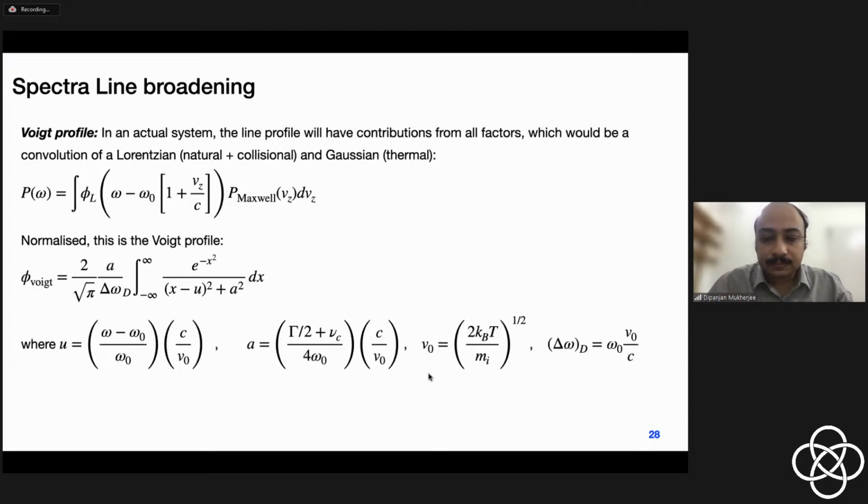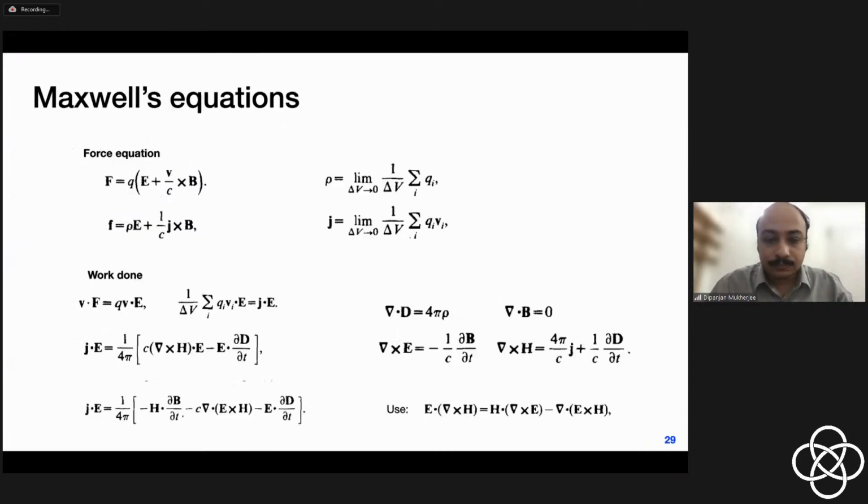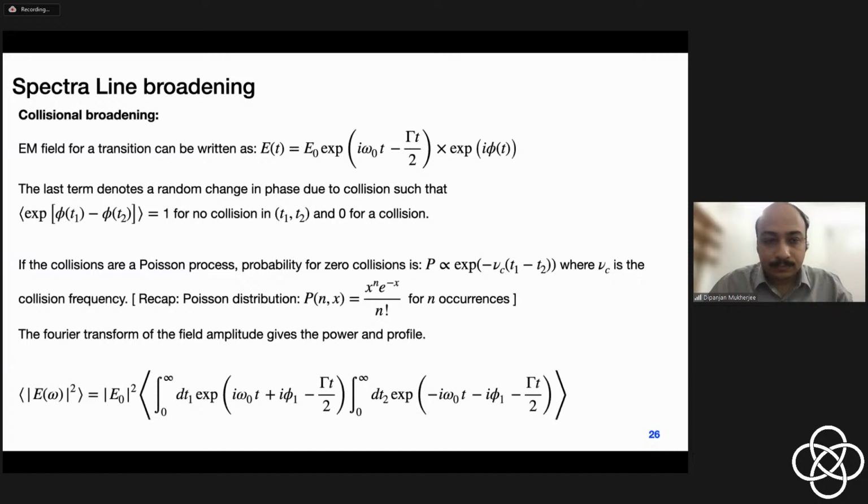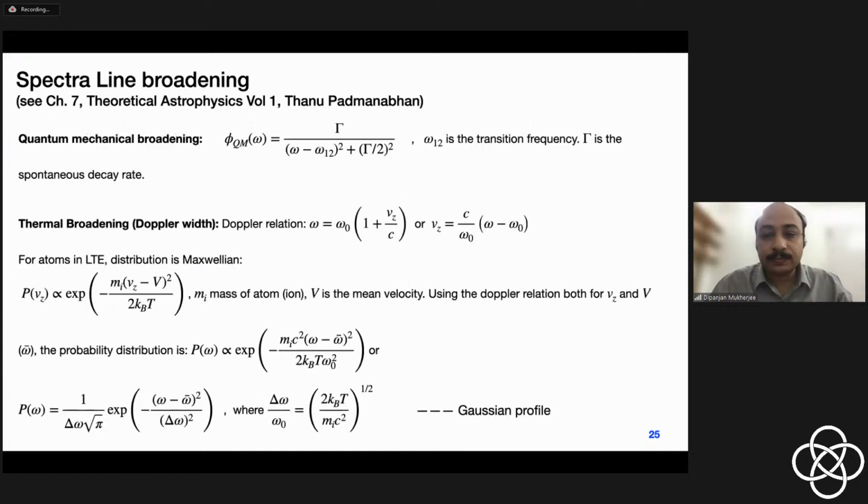Sir, can you please go back to the slide where we have discussed the Maxwellian distribution? Yes, this one. So why have we not considered the velocity square term in the Maxwellian distribution? It is there, no? Not in the exponential actually, the v square, like we have studied in thermodynamics.